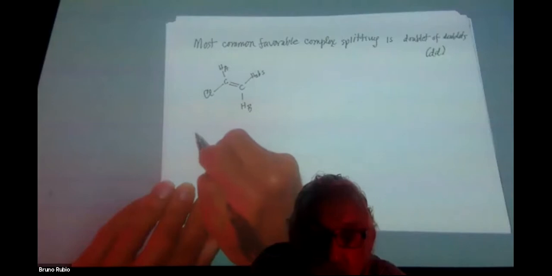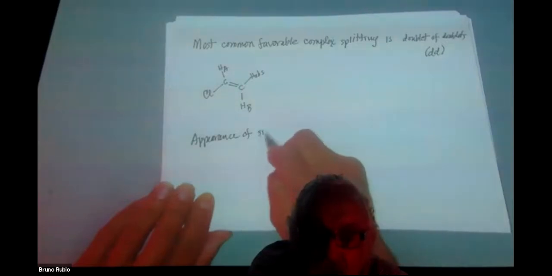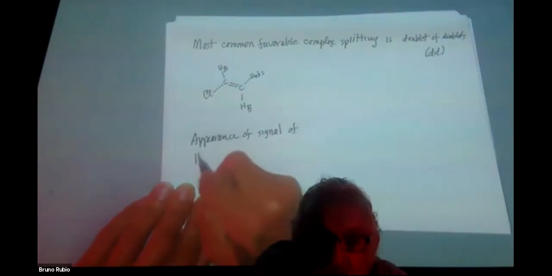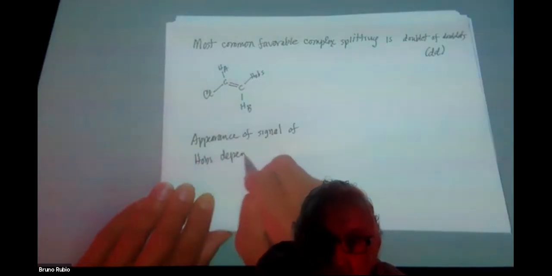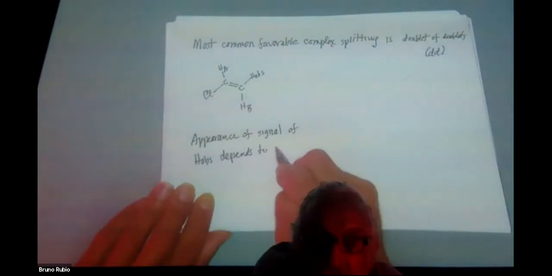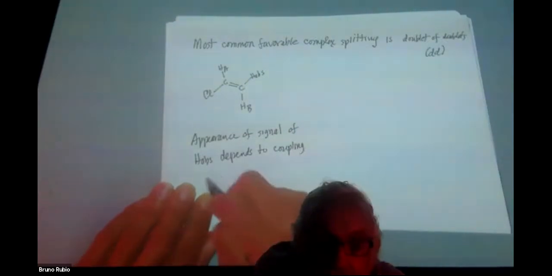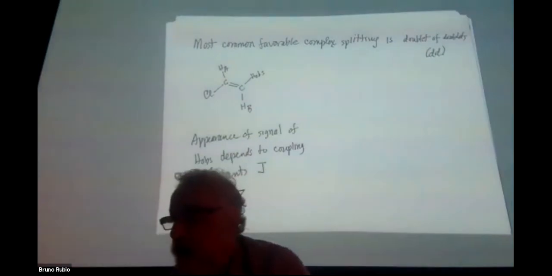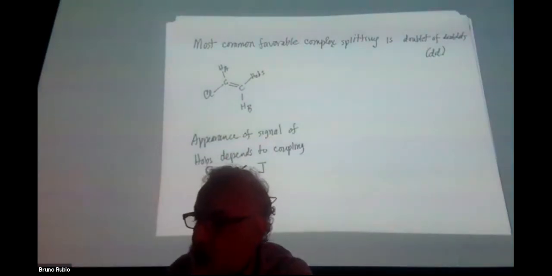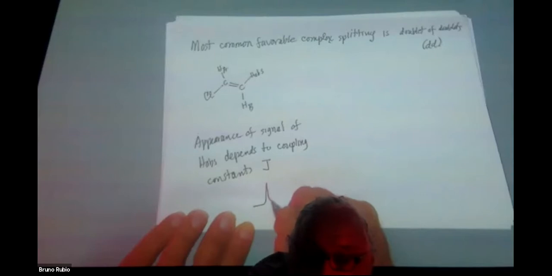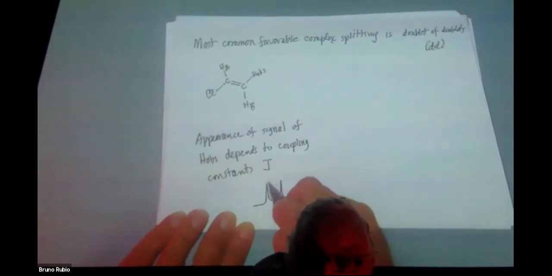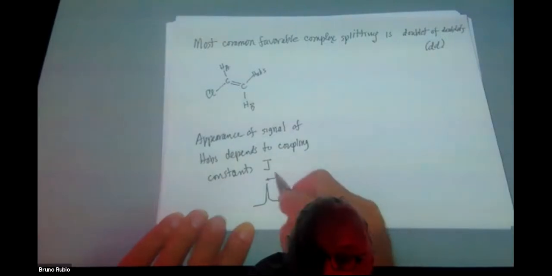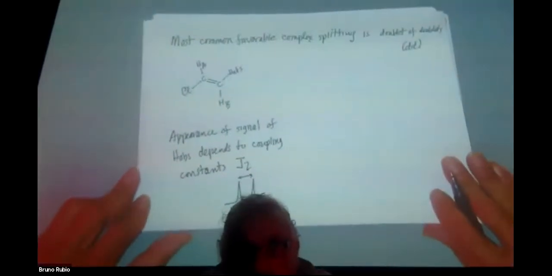The appearance of the signal of H observed depends on the coupling constants, which are abbreviated J. Okay, so we talked about coupling constants, and remember the coupling constant, that's the distance between peaks in the multiplet, right? That's what J is, the distance between the peaks.